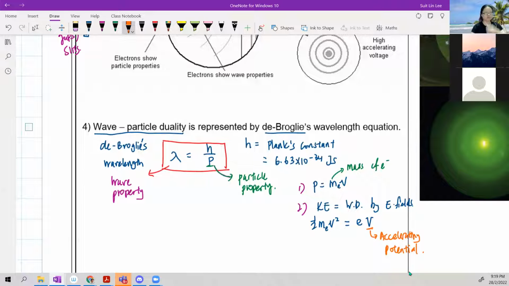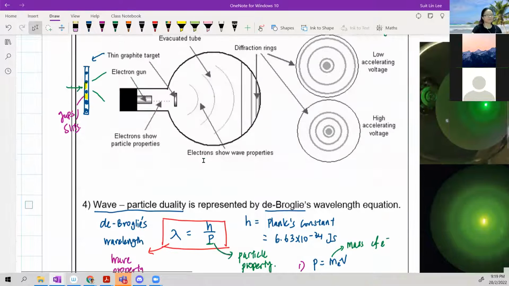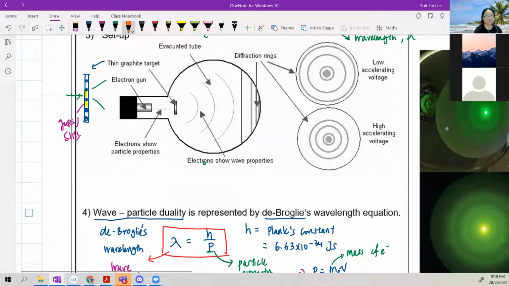So if we go back to our drawing, my accelerating potential is applied across the electron gun and the graphite target. Between here and here, I will accelerate. Basically, I just make this one very positive by connecting to a high voltage power supply, many batteries.